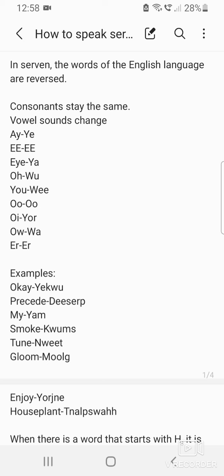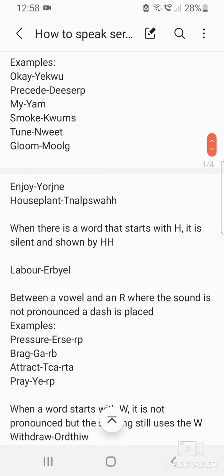And then some examples: okay is yekwa, because if we look at that, there's the A sound, so that would be yeah, then the K sound, and then the O sound, and that's yekwa.